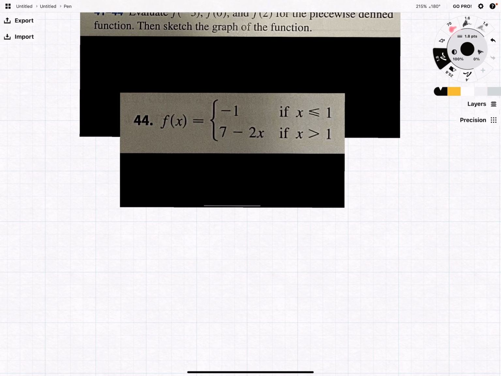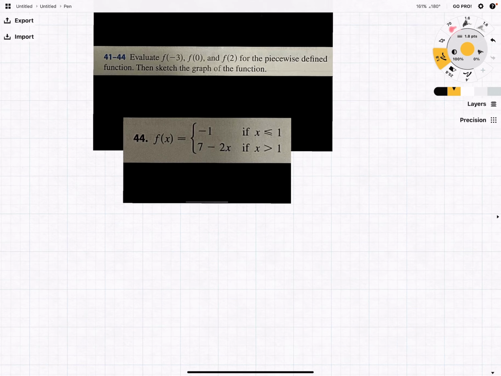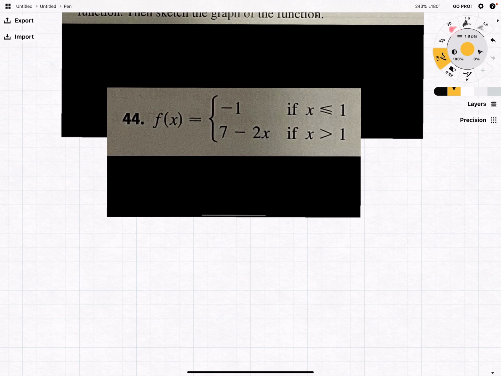So just to quickly go over what a piecewise function is, it's basically a function that has different parts to it. With functions they'll say, make a table of charts, and you'll plug in -2, -1, 0, 1, 2, and so on and so forth, right? Well, with piecewise functions, there are different rules for different input values.